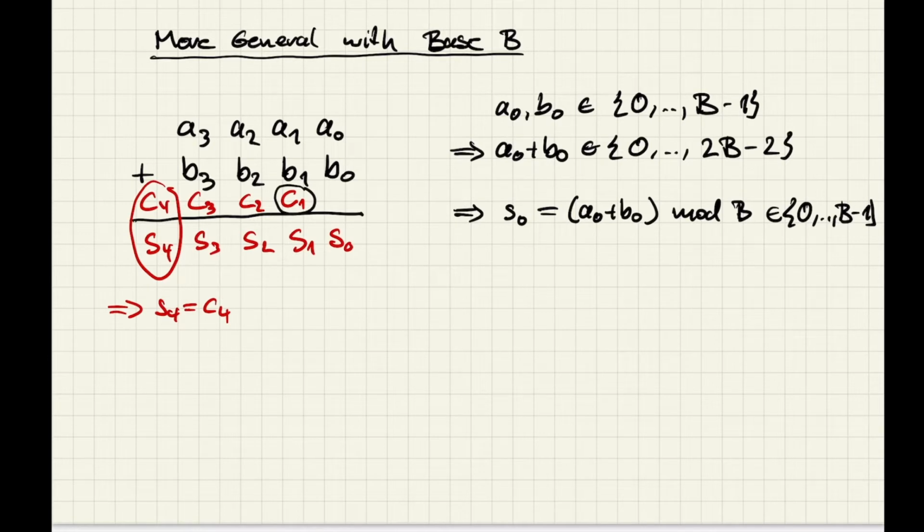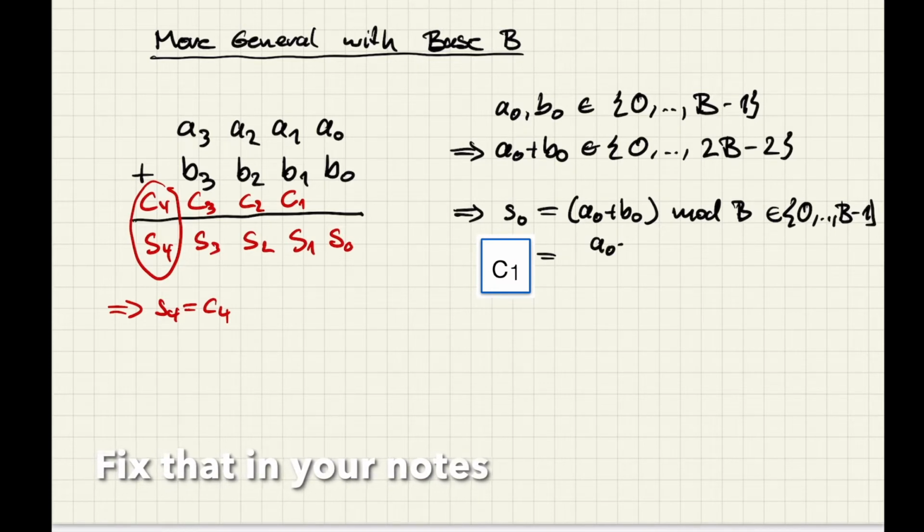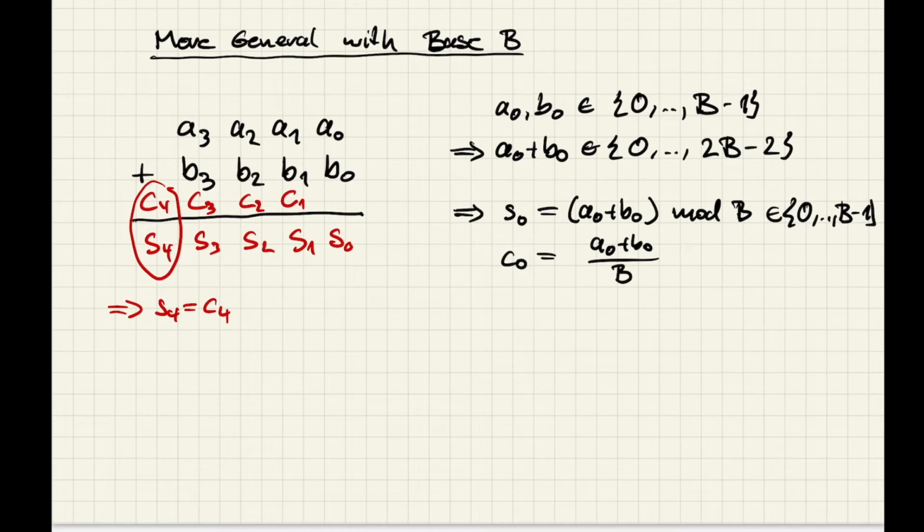This carry is what you get when you compute A0 plus B0 divided by uppercase B, by doing an integer division where you truncate the result, or you could say if you round it downwards to 0.